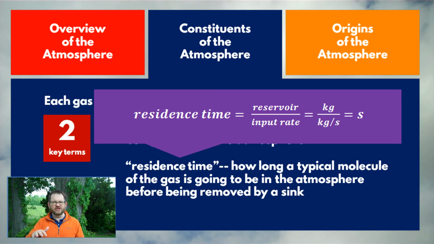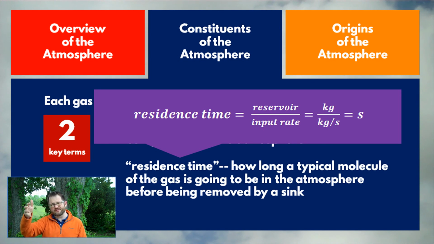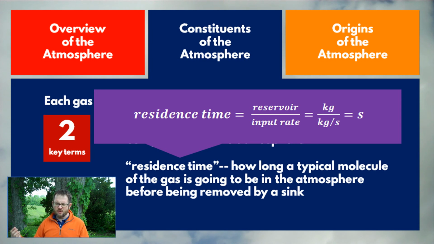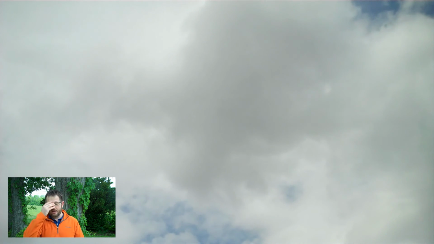And you're dividing that number into the reservoir. How many kilograms of oxygen are there out there? So the numerator is going to have units of kilograms, the denominator is going to have units of kilograms per second, and if you work out those units, it works out to, in this case, be seconds. Okay. Once you have them in units like seconds or whatever, you could convert them to years or whatever it needs to be if you have a giant number of seconds.